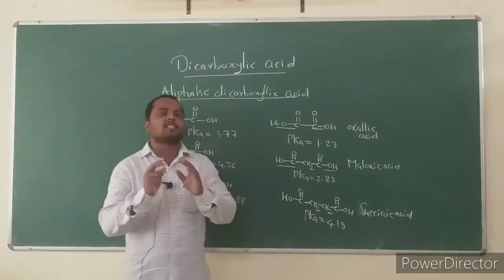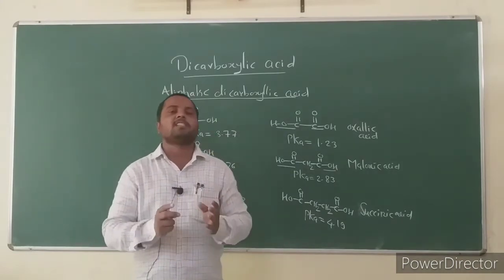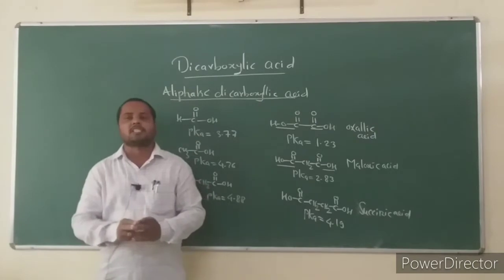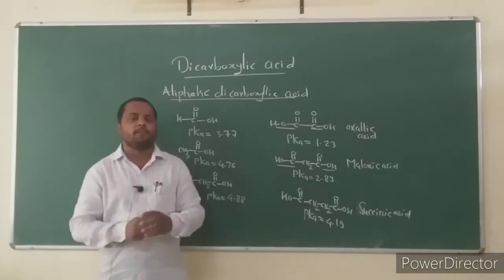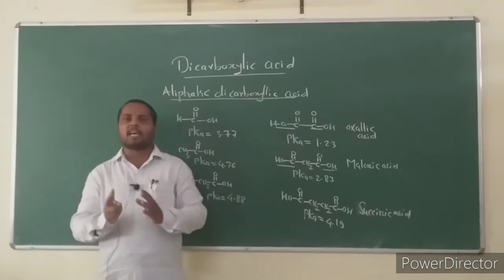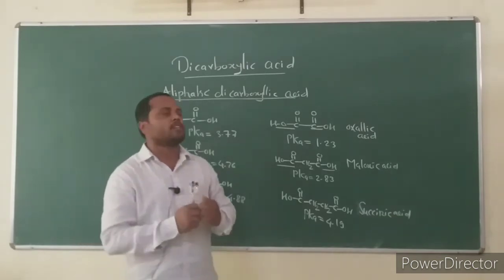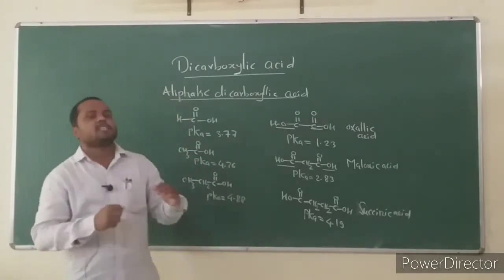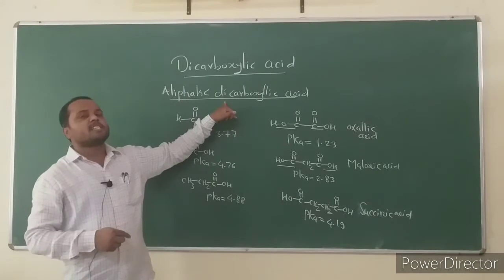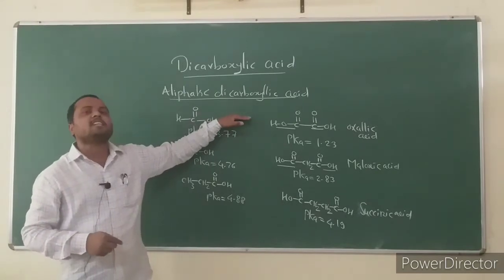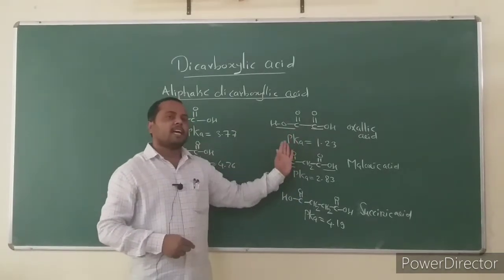We discussed the acid strength of dicarboxylic acid. We already discussed what a dicarboxylic acid is. The acid which on dissociation gives 2H plus ions, or the compound which has two carboxylic functional groups, is generally known as a dicarboxylic acid. We discussed the acid strength of aliphatic dicarboxylic acids.